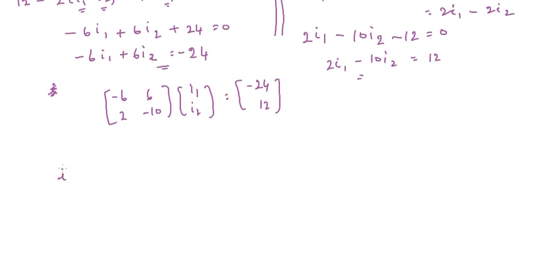So I1 is very simple, which is equal to the determinant of, first we need to replace the first column with these constants: minus 24, plus 12, 6, minus 10, divided by the determinant of the same thing, minus 6, 2, 6, minus 10.